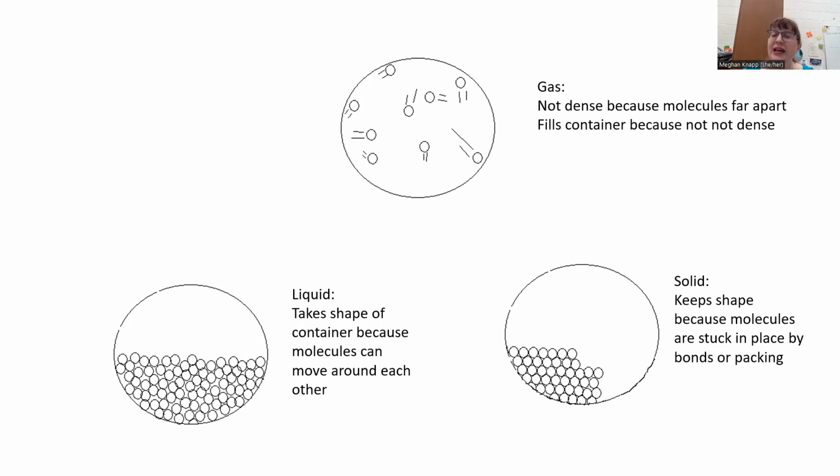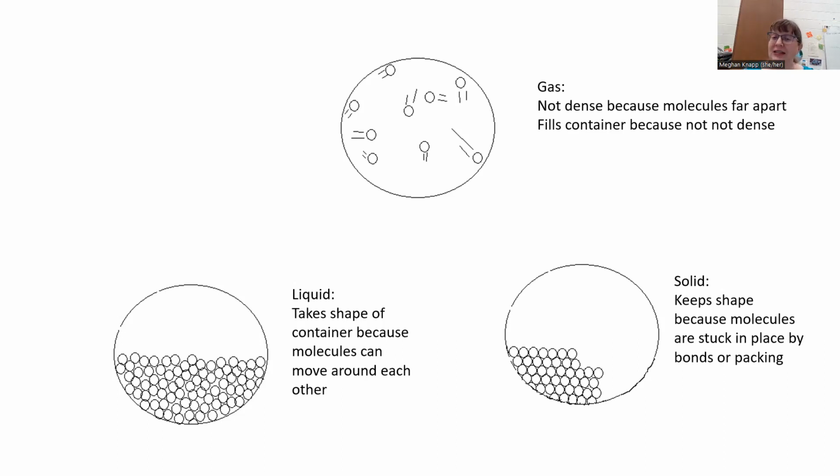So when we're looking at these particle views, liquids and solids will show the particles touching one another, but we can tell the difference in two ways. The solid will typically be more organized, though as we talk about amorphous solids, we're going to recognize solids aren't always highly organized, but they're typically more organized.